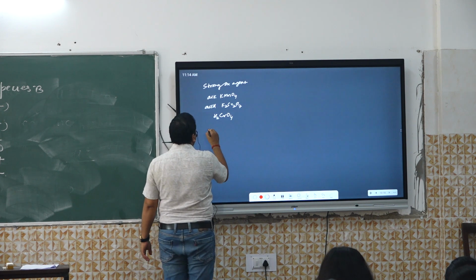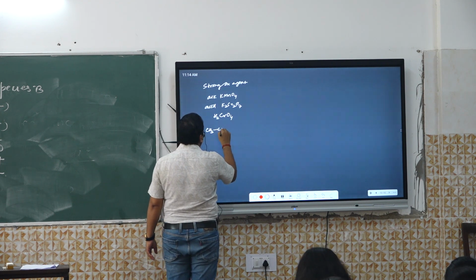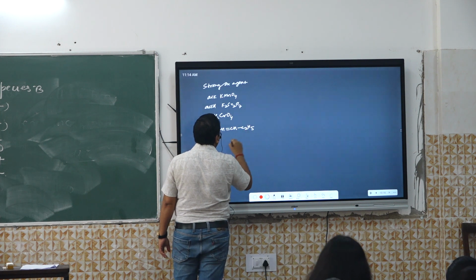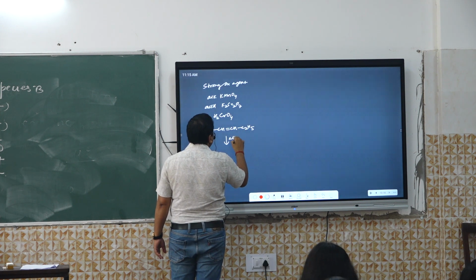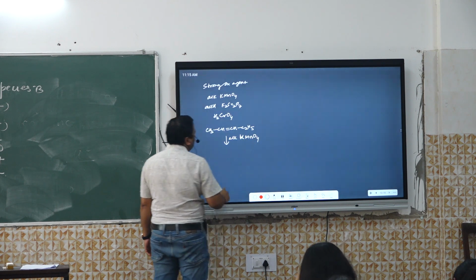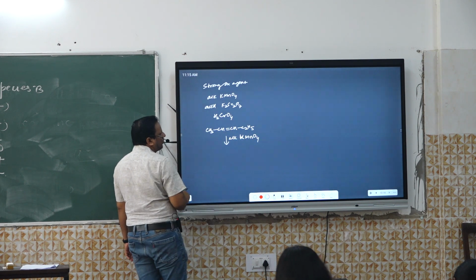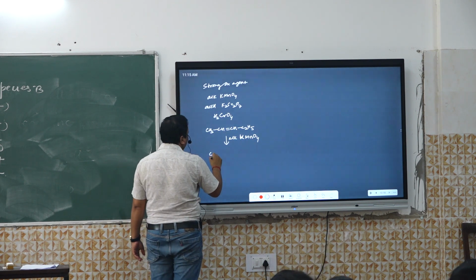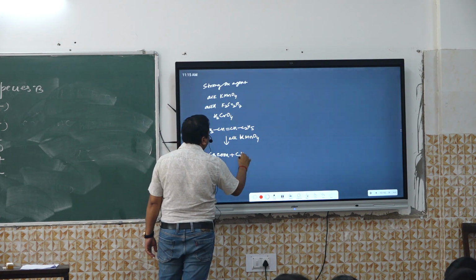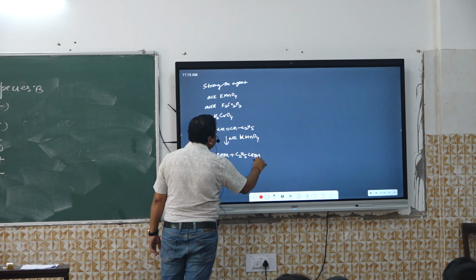So what will be the reaction? Suppose alkaline KMnO4. It will make complete cleavage of the carbon-carbon bond to form a mixture of carboxylic acids.